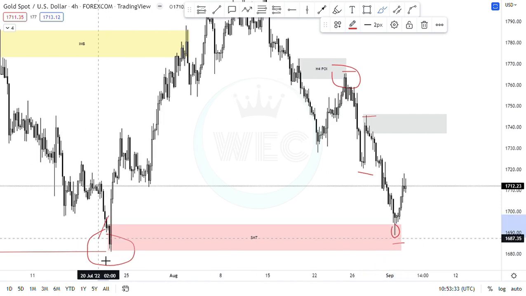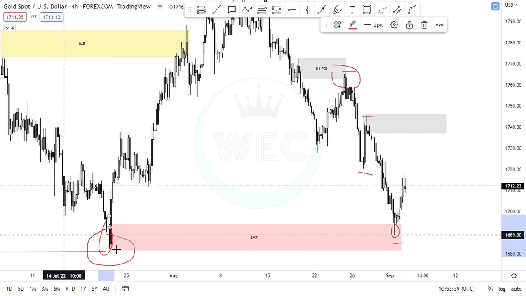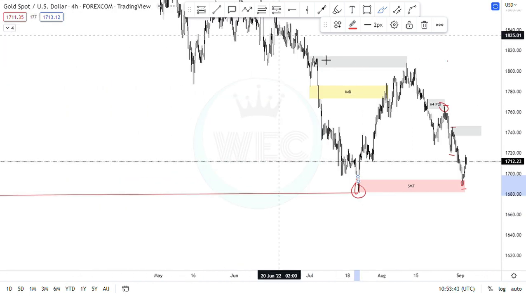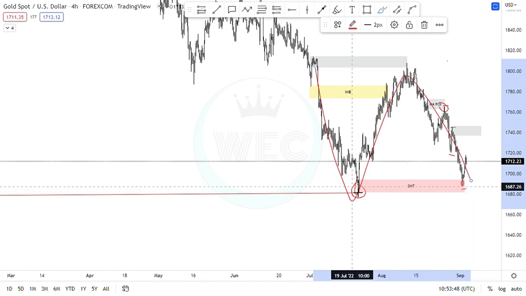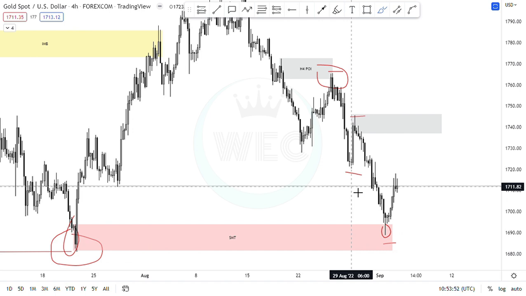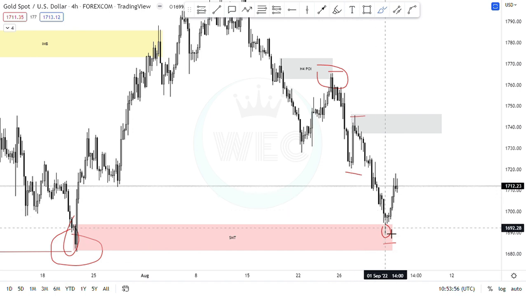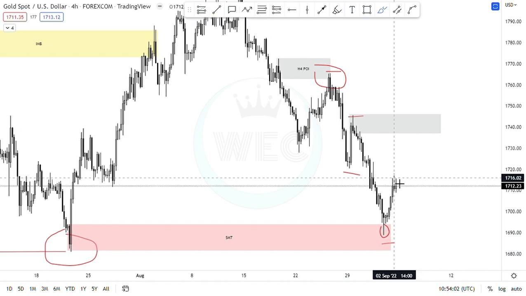Within the week, I'm going to make a video explaining why you shouldn't look for points of interest in areas like this, where you can see price making lower highs and lower lows. But this time around, because it is the H4 time frame, you can get some cool pushes to the upside, giving you a good risk to reward ratio.